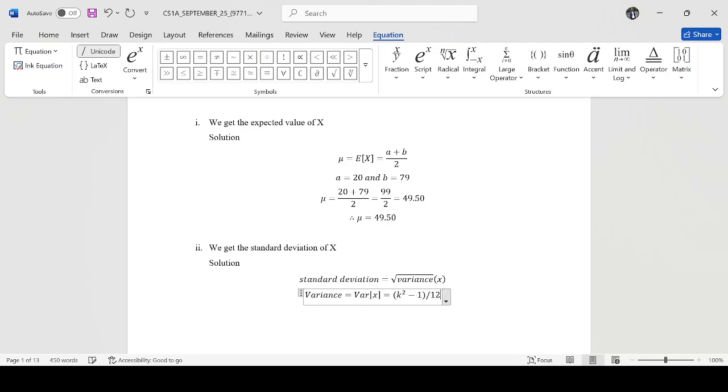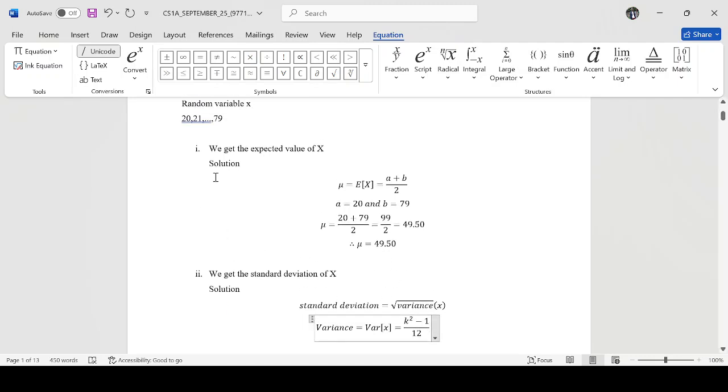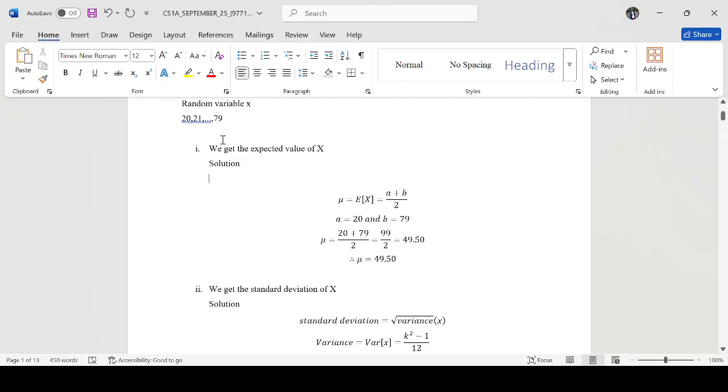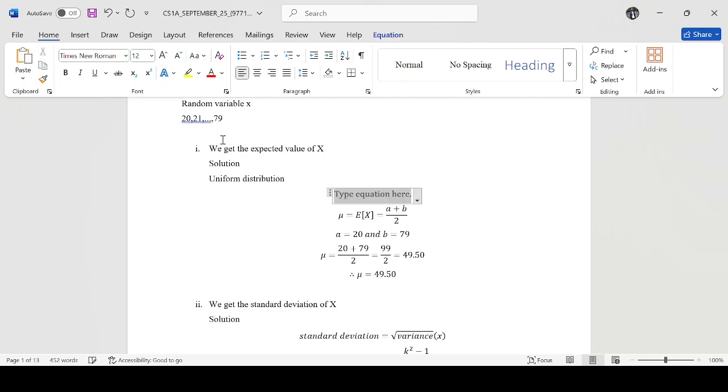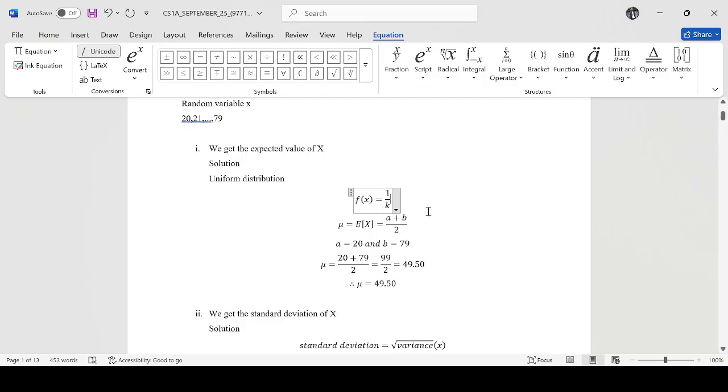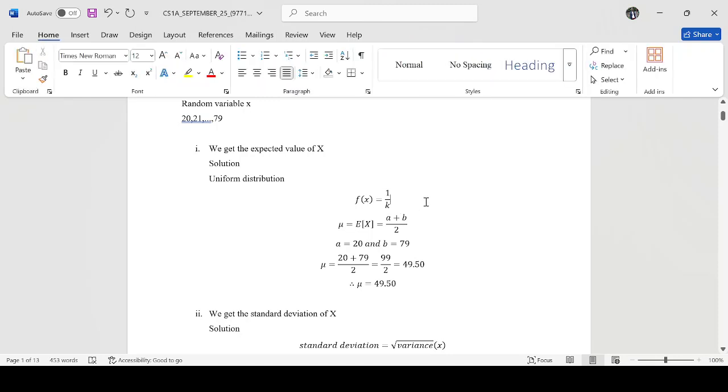I know most of you are wondering where the k is coming from. Let me take you back. Remember, this is a uniform distribution, which has a probability function of the form f of x equals 1 over k. Don't confuse your uniform distribution with a continuous distribution.